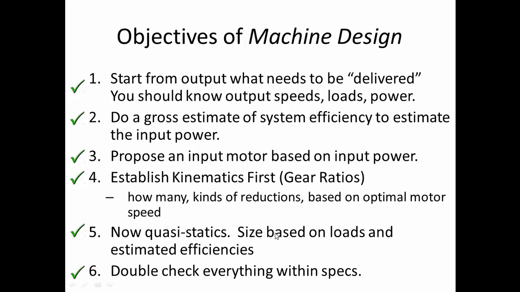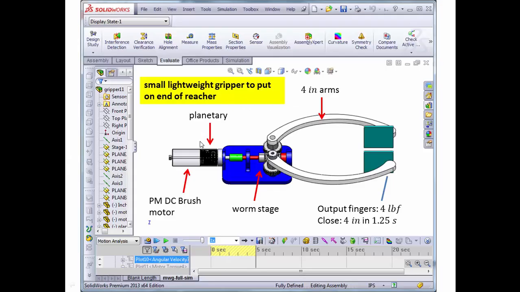We've pretty much gone through and verified other aspects, so we're very close in our design to proving that this device, this layout of the Micromo 1524 running at 6 volts with the planetary followed by a planetary feeding a worm stage with 4-inch arms would be able to deliver that 4-pound force, and also be able to close 4 inches in that 1.5 or 1.25 seconds.